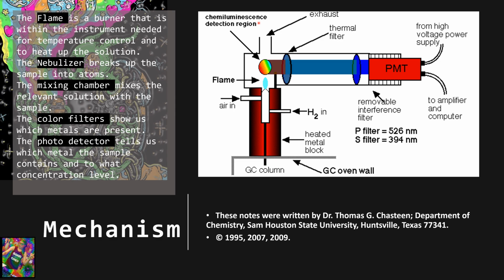In addition to the instrumental requirements, there's a combustion chamber to house the flame, gas lines for hydrogen fuel and air oxidant, and an exhaust chimney to remove combustion products. The final component necessary for this instrument is a thermal bandpass filter to isolate only the visible and UV radiation emitted by the flame.